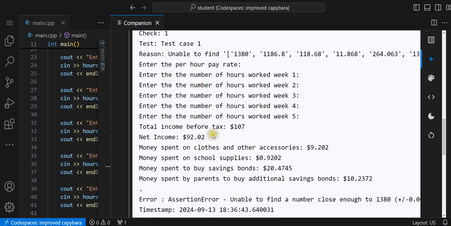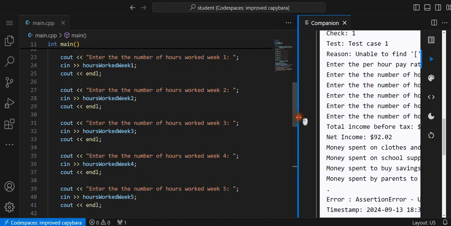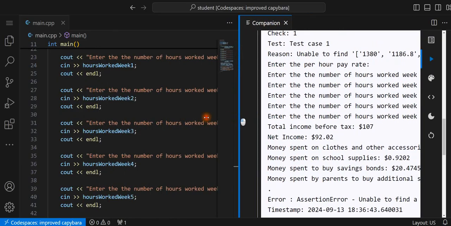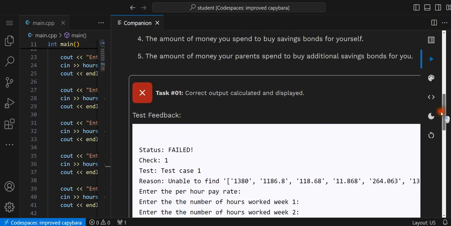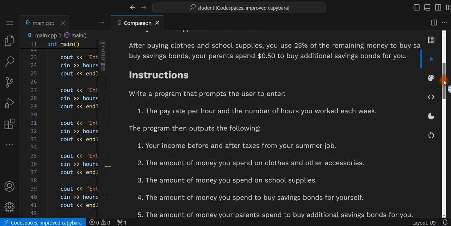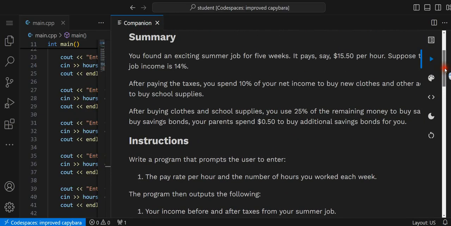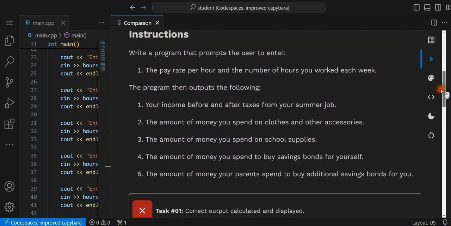So let's see if I got it right. I'm going to misspell these, all of them. Enter the number of hours worked week 1. Where will we find 1380? I didn't see those numbers. It didn't tell us how long or where we worked. Let me look at this.